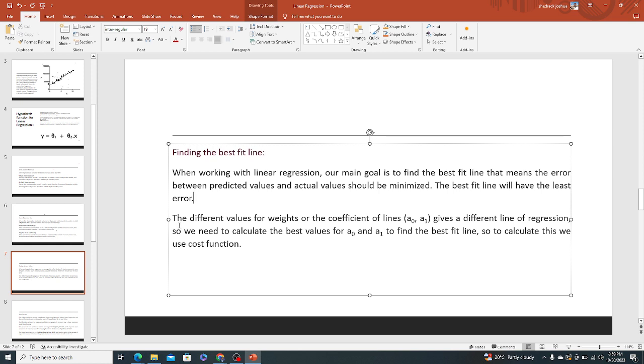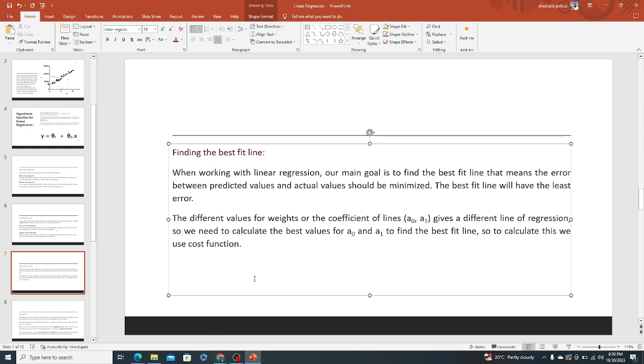The different values of weights or coefficients of lines give a different linear regression. So we need to calculate the best values of our coefficients to find the best fit line. To calculate this, we use a cost function.